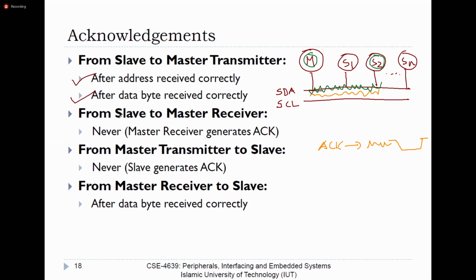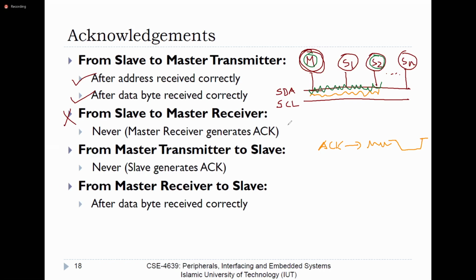The second case is from slave to master receiver. The first one is the master transmitter to slave. That means the master is the transmitter, it is controlling everything, but the slave is only reacting or responding. But slave to master receiver never happens like that, because the slave cannot initiate anything.